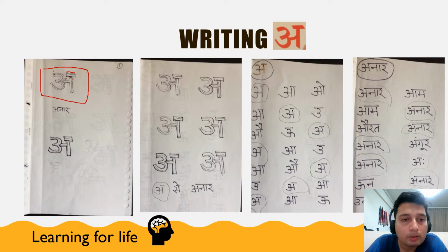So all you need to do is to show your child as a reference how the tracing would be. So I told my child that you need to write the 3 first, followed by a horizontal line starting from the middle of the 3, a vertical line, and the matra. Then I have also anar written over here. This is just for the visual cues. Then I have a again written over here.